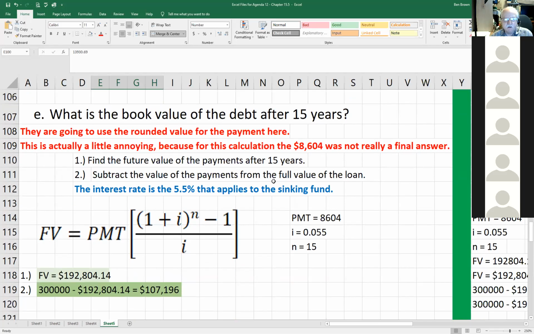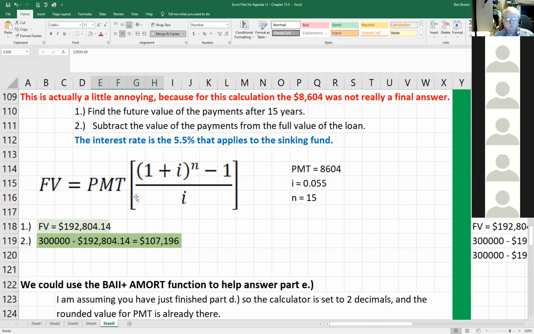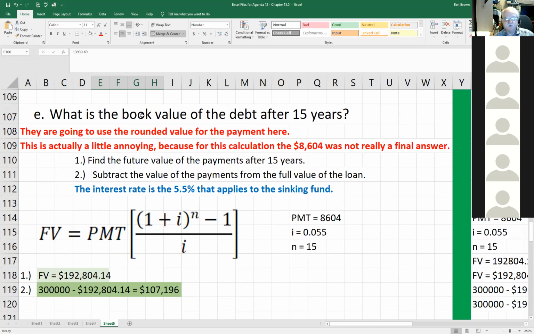So then they ask us, what is the book value of the debt after 15 years? We're going to use the rounded value for the payment here. And so we find the future value. So the future value is this, the 192,000, but we have to subtract the value of the payments from the full value of the loan to find out what they call the book value of the debt, meaning how much money is still left to be earned.